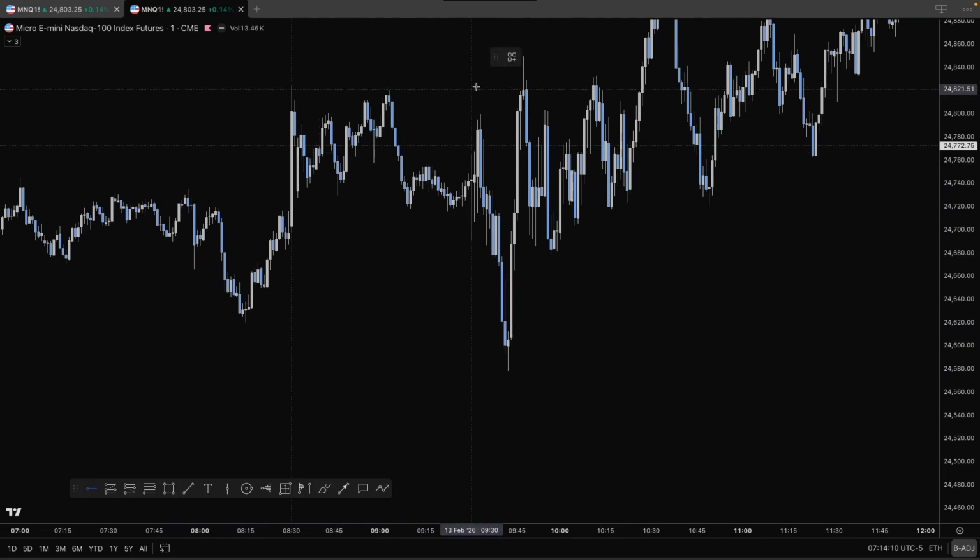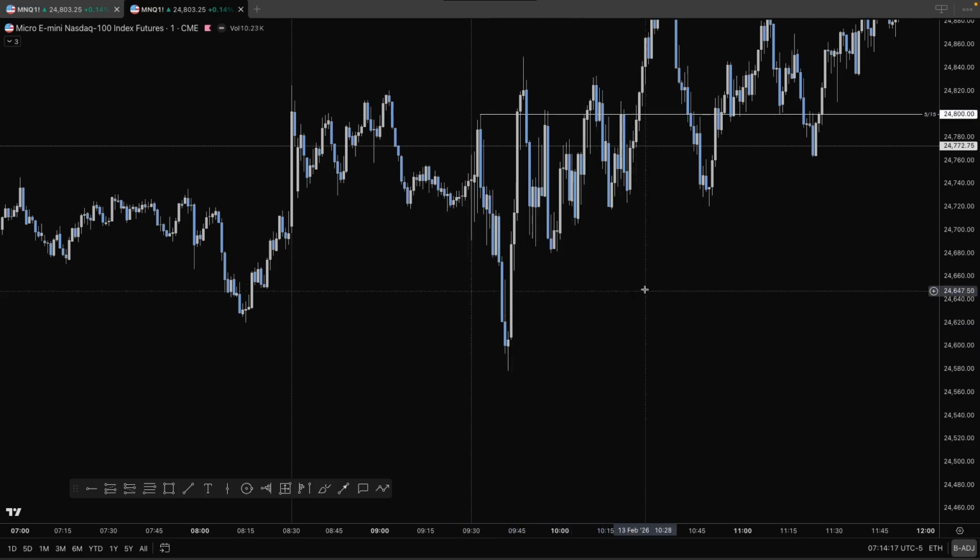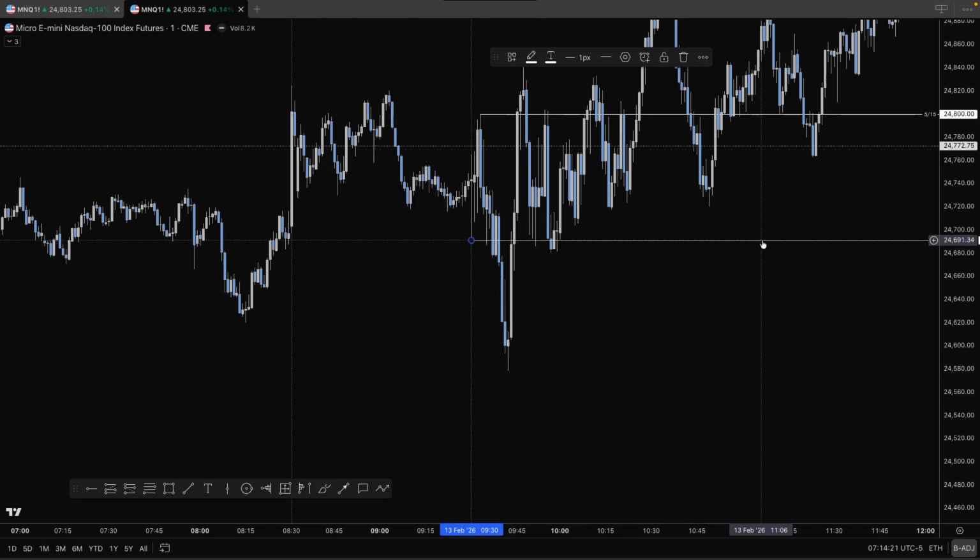So let's mark out our range again. That's 5 and 15 minute high, and that's our 5 minute low, and that's our 15 minute low.